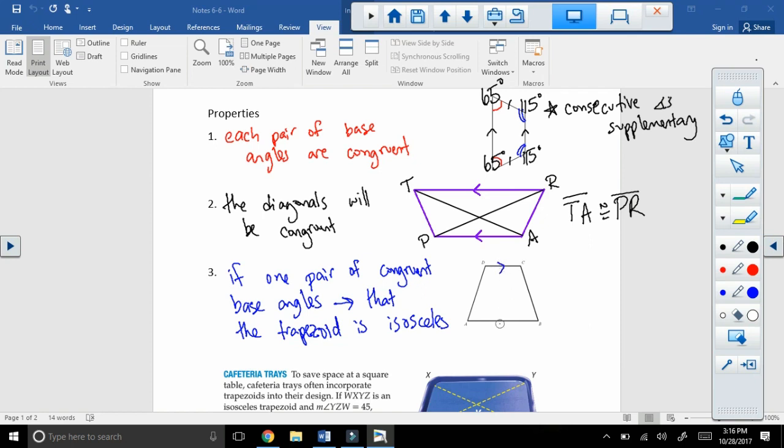So you already have to know that it's a trapezoid, you have to know that those sides are parallel, but if you have this pair of angles here being congruent, that would be enough to let you know that this is an isosceles trapezoid.